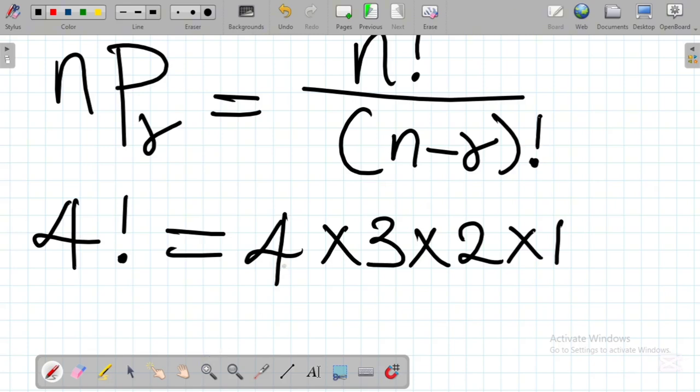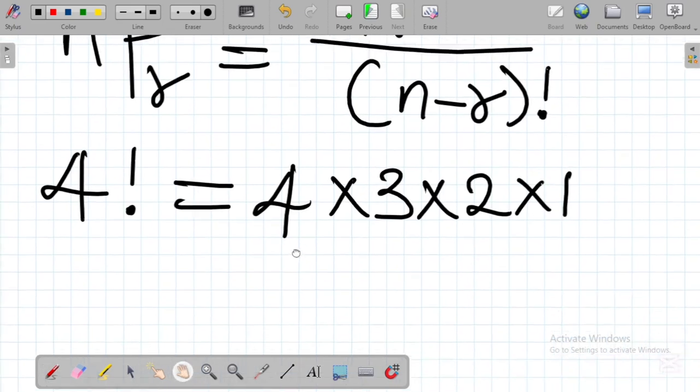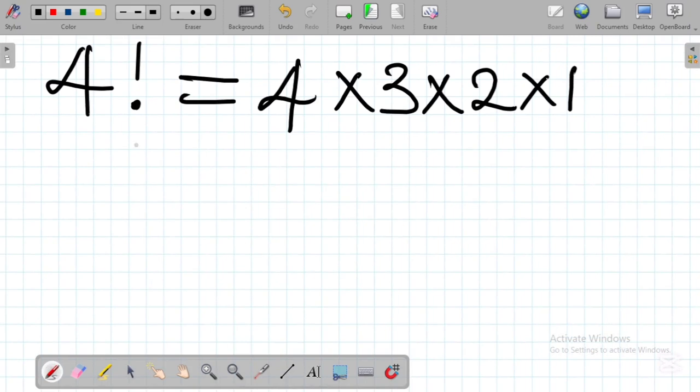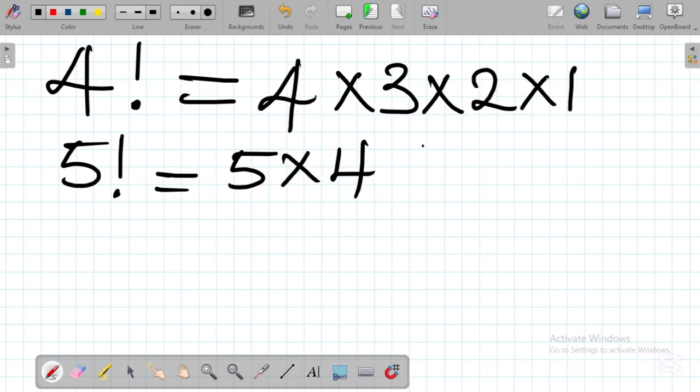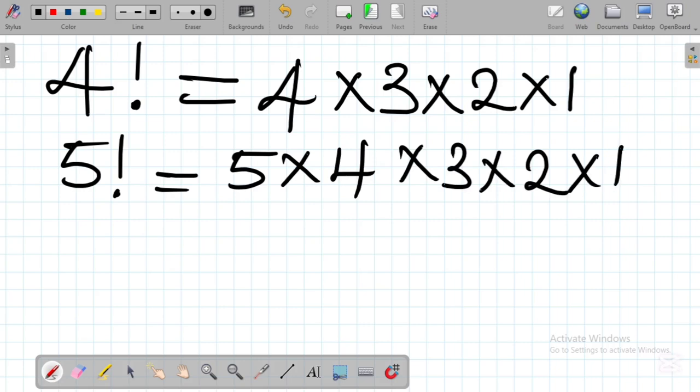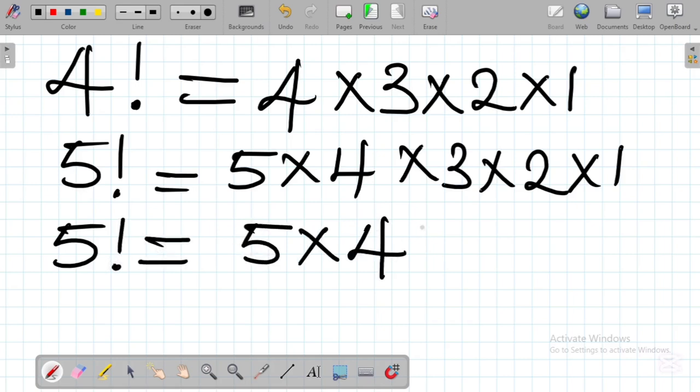So 4 minus 1 is 3. 3 minus 1 is 2. 2 minus 1 is 1. So you multiply all. So 5 factorial is equal to 5 multiplied by 4 multiplied by 3 multiplied by 2 multiplied by 1. Therefore, 5 factorial is the same thing as 5 multiplied by 4 factorial.